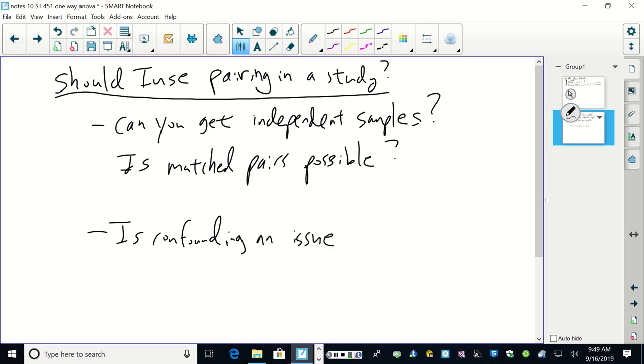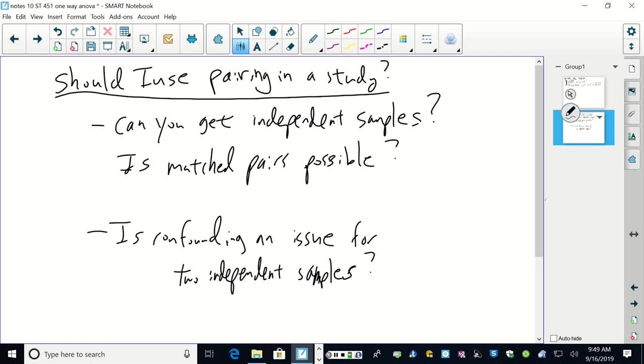Is confounding an issue for two independent samples? One's really at one time, like the bike lanes, how many accidents they have at one time period, and a couple of years later, looking at those. If you couldn't use randomization, then there becomes a challenge of taking two independent samples, and there's just going to be a change.